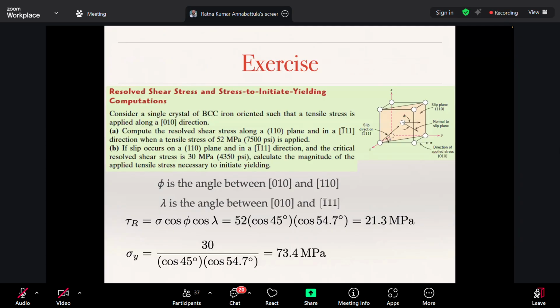Is there any question here? Yes, sir. If the applied stress is more than 73.4, what will happen, sir?